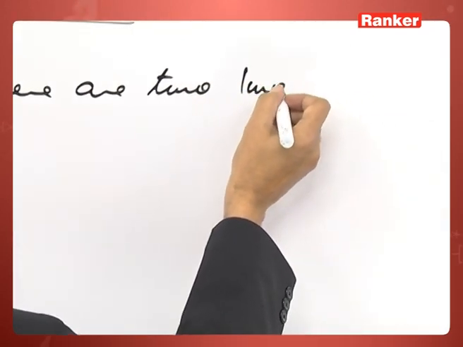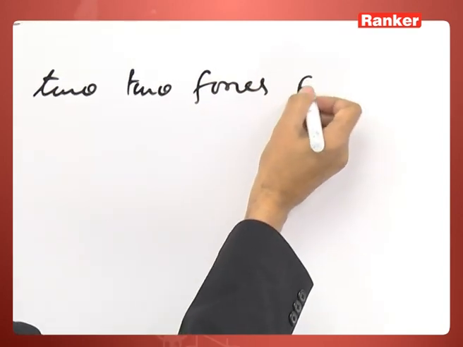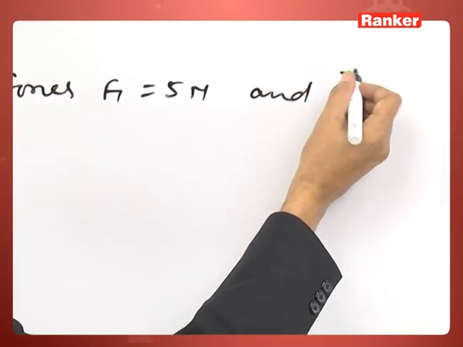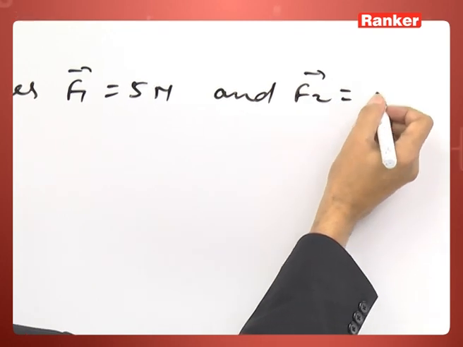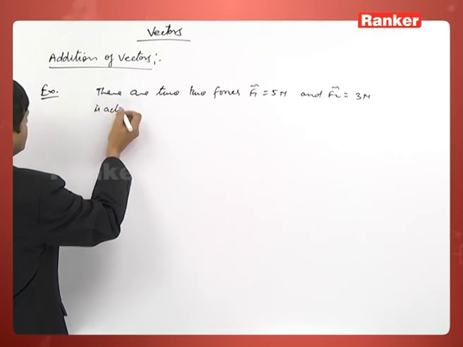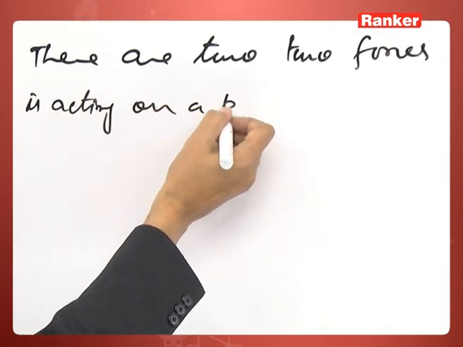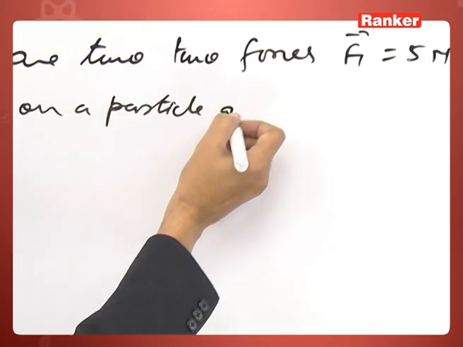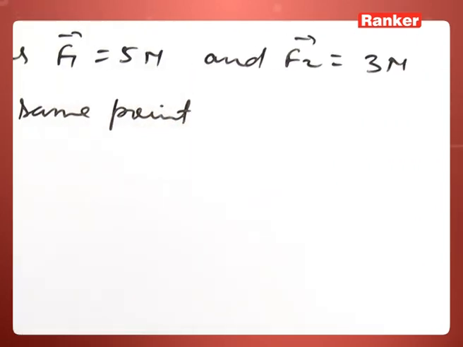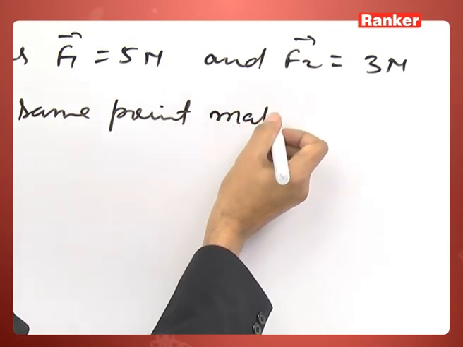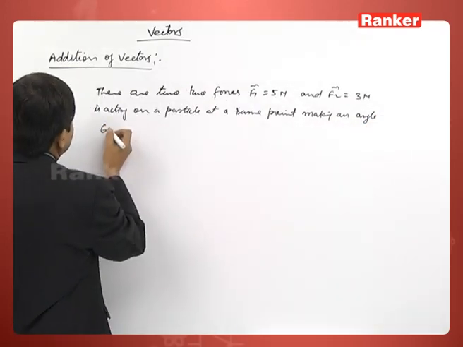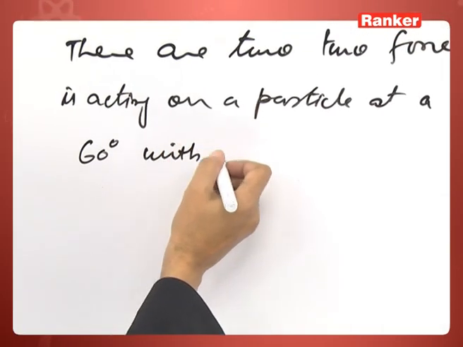F1 is 5 Newton and F2 is, let's say, 3 Newton, acting on a particle at the same point, making an angle of 60 degree with each other.